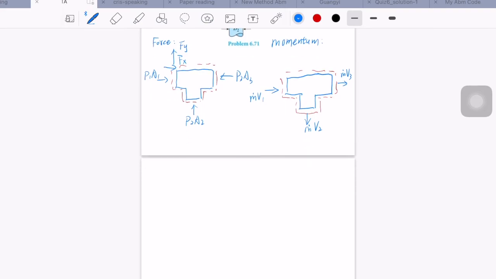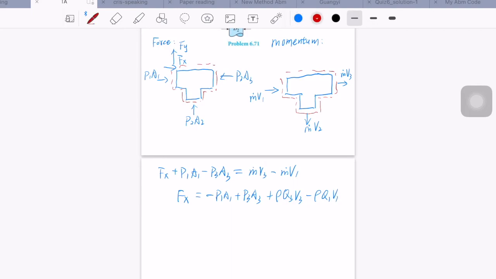We have Fx plus P1A1 minus P3A3 should be equal to m dot times v3 minus m dot times v1. And we can get that Fx should be equal to minus P1A1 plus P3A3 plus rho times Q3 times v3 minus rho times Q1 times v1.